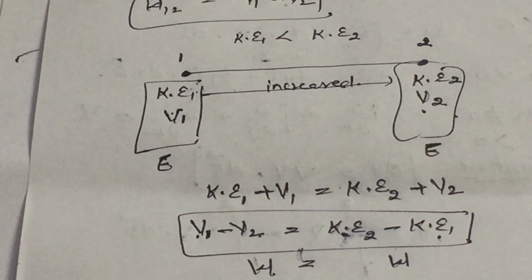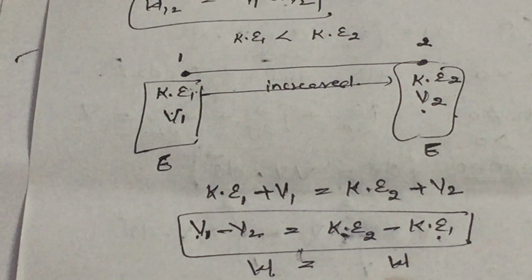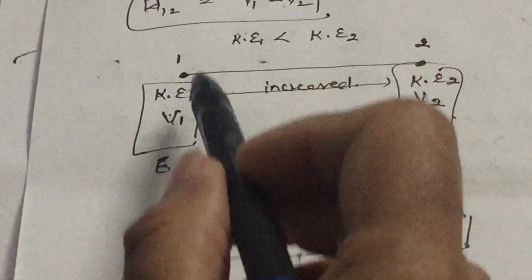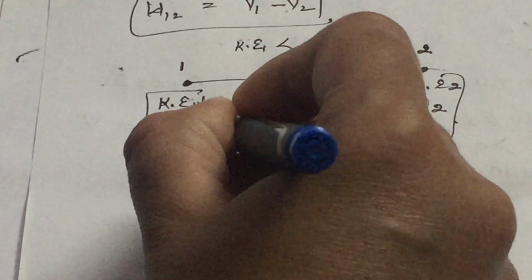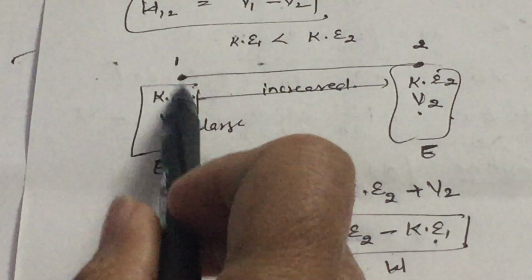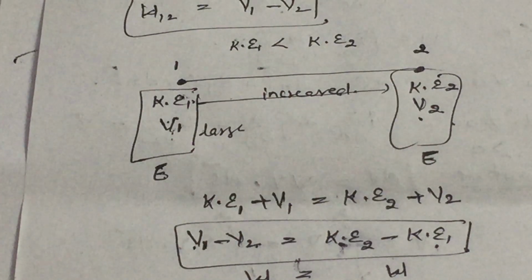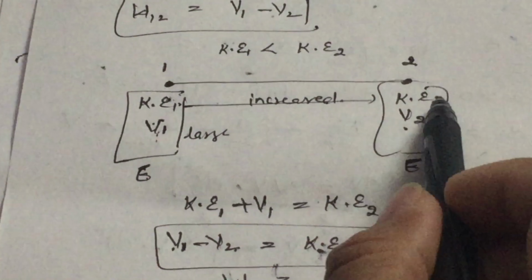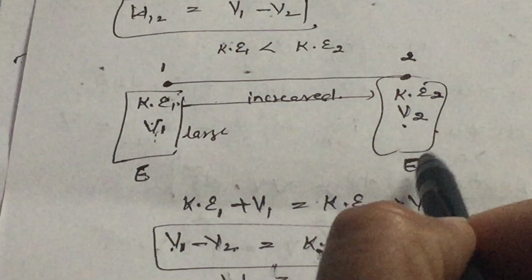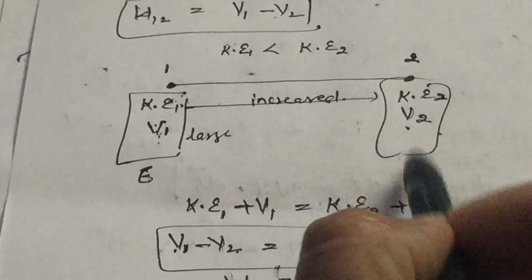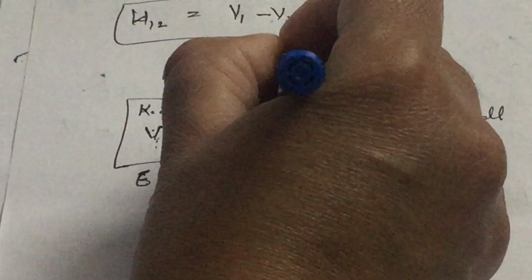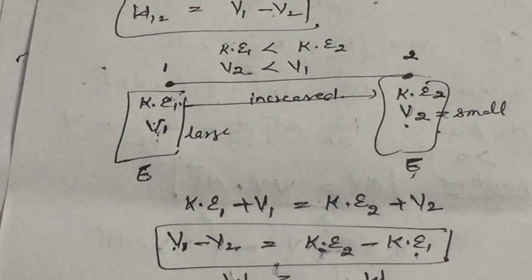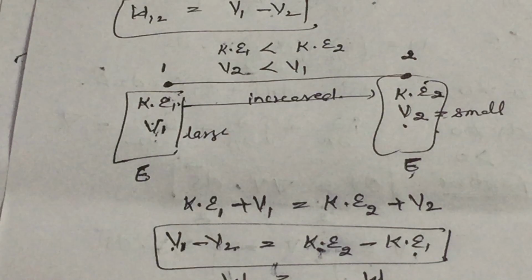And if the kinetic energy at this point is small, it means potential energy at this point is large because the total sum of these two physical quantities should be a constant quantity. Similarly, here the kinetic energy is large and we have a total constant energy, so V2 should be small. It means V2 is less than V1 if we are obeying the law of conservation of energy.